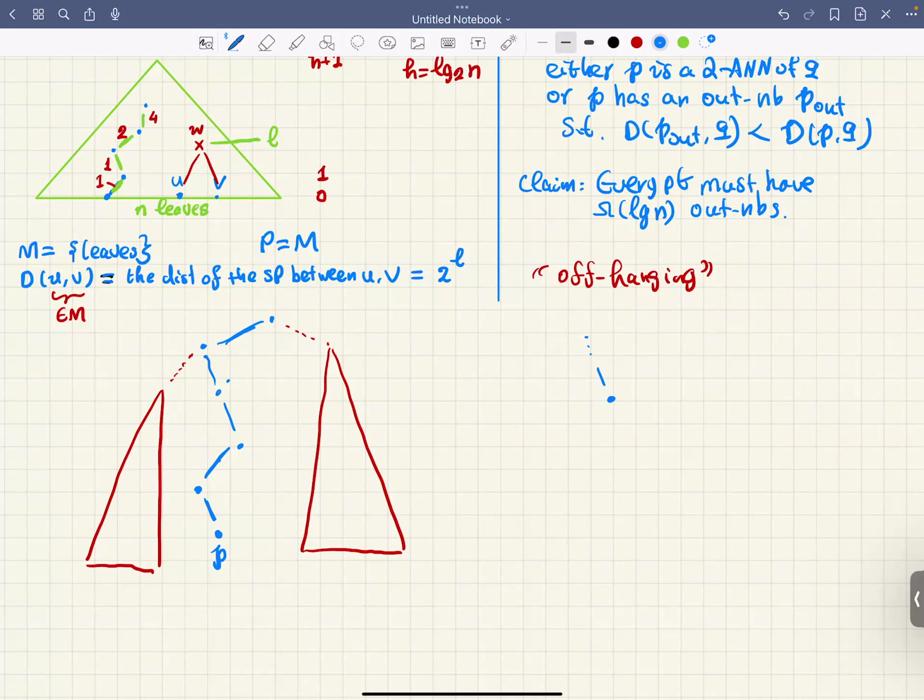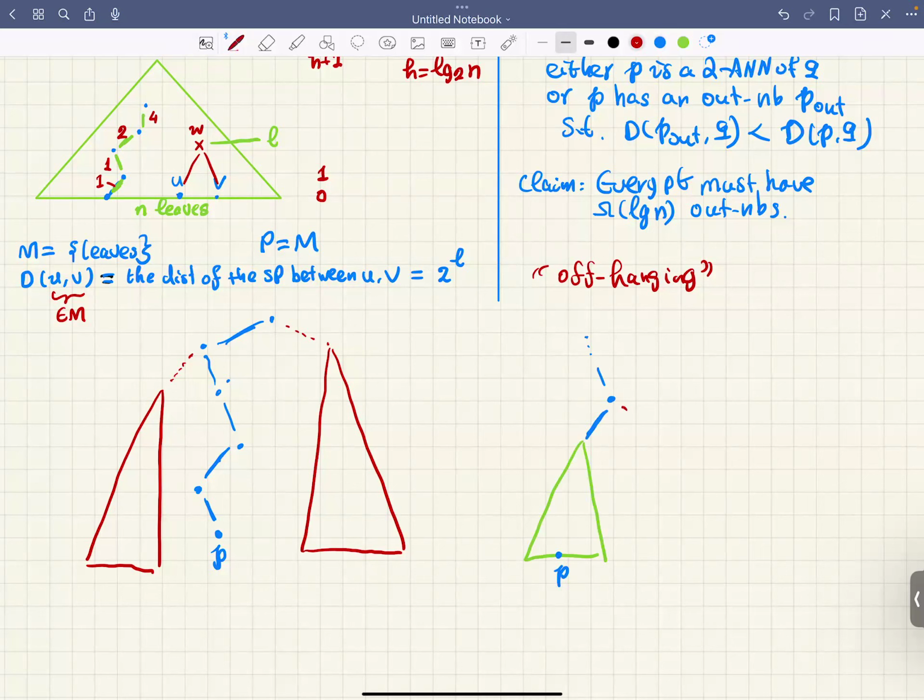Without loss of generality, let's say at this internal node, we make a left turn. Is that okay? That should be fine, right? So this is not an off-hanging subtree, as you can see. So your P is somewhere here. Is that all right? Okay. So somebody wants to be my adversary, and you say, you know what?